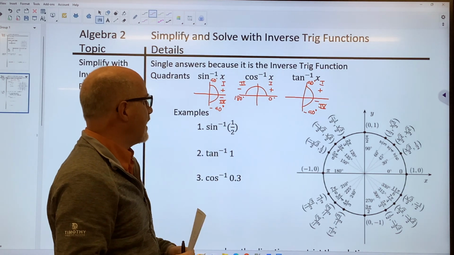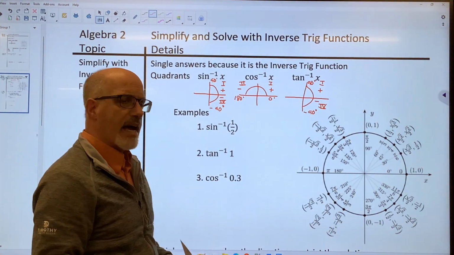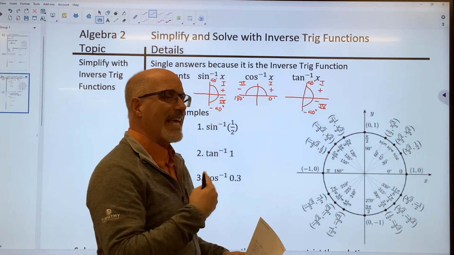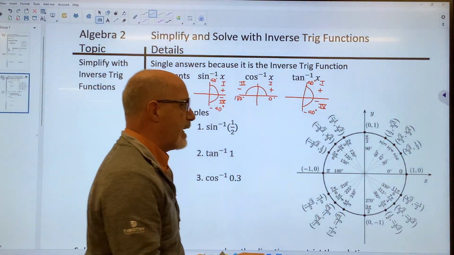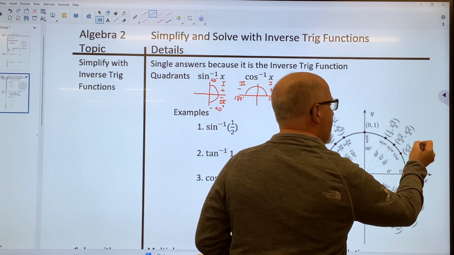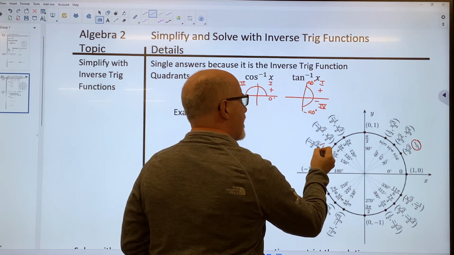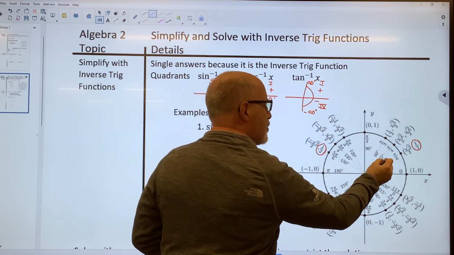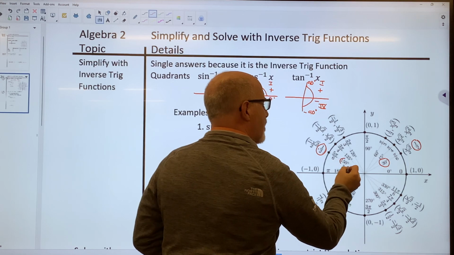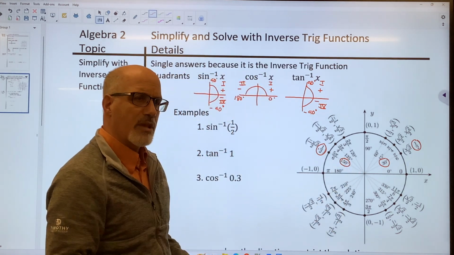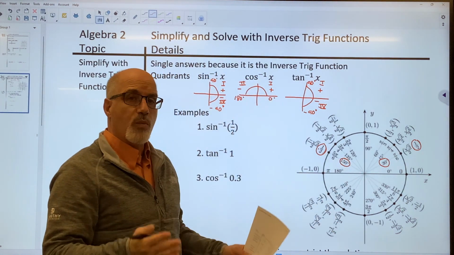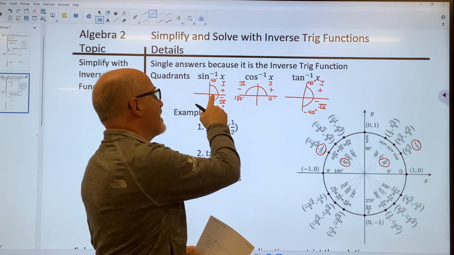So if we're looking here at inverse sine of 1/2, what you're doing is you're finding the angle that produces a sine that's 1/2. So if I look here at my unit circle, here's 1/2, but also here's another 1/2. So there's 2 angles here that look like they could give me a possible answer. We have to pick only one of them. That's where this helps out.